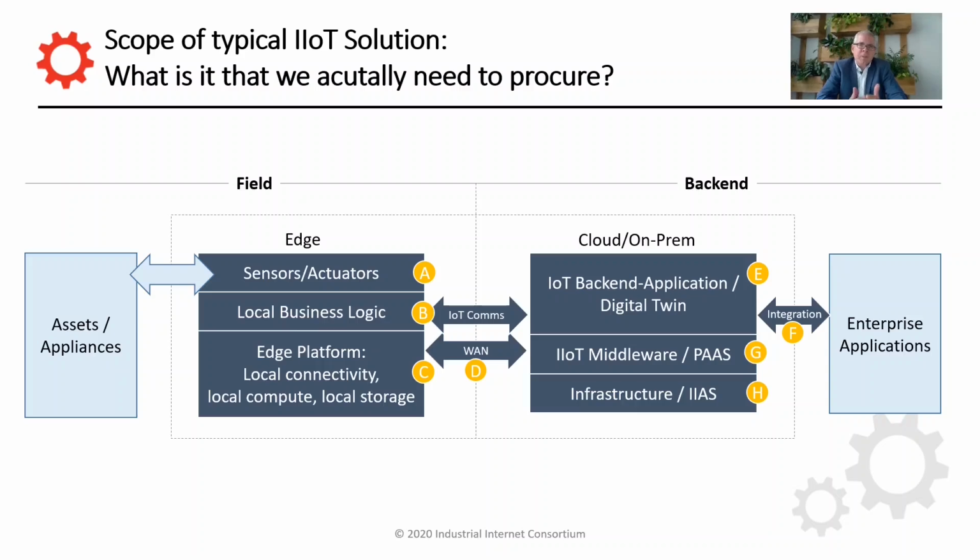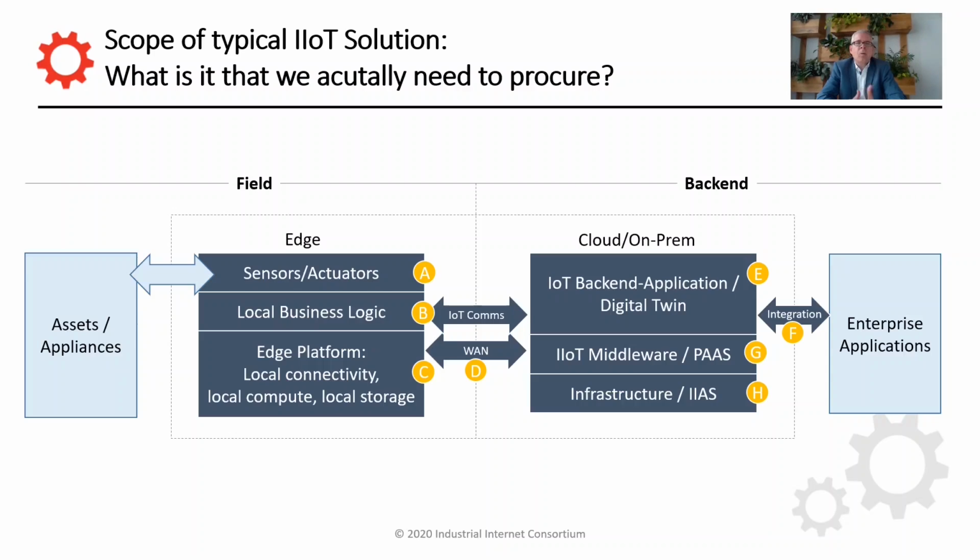So typically, an IoT solution has some elements which are deployed in the field, where your assets or appliances are deployed, and then some components which are deployed in the backend, can be in the cloud, can be on-premise. So let's look at each of these in turn. Number A, we have sensors and actuators.